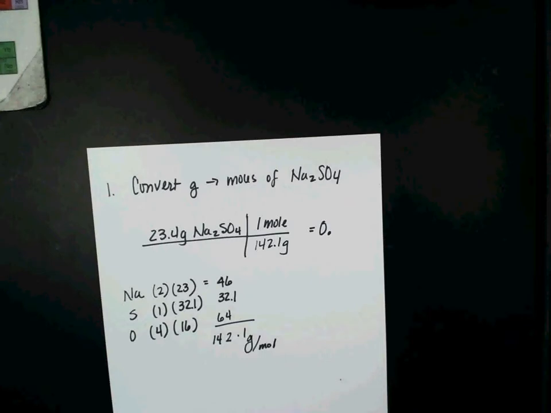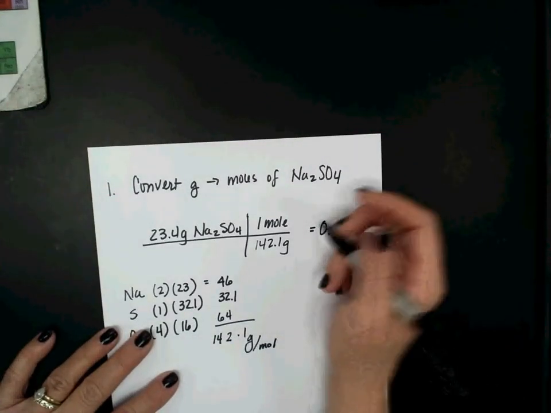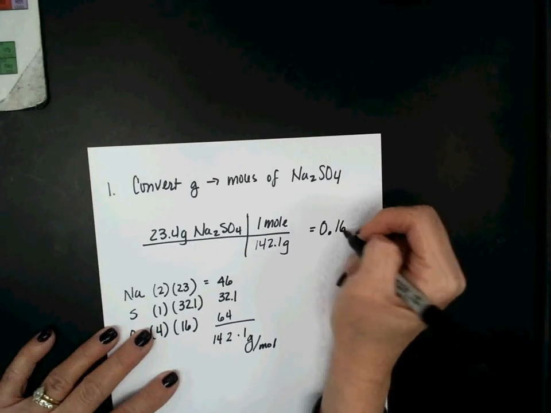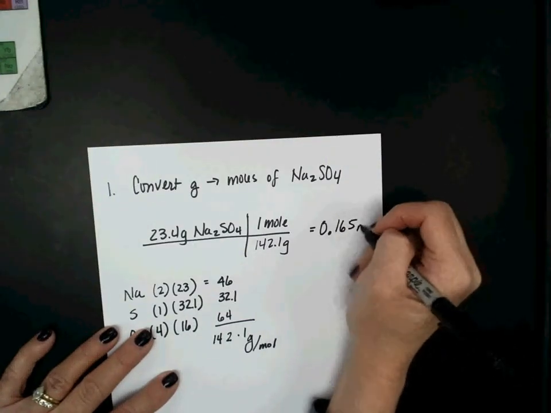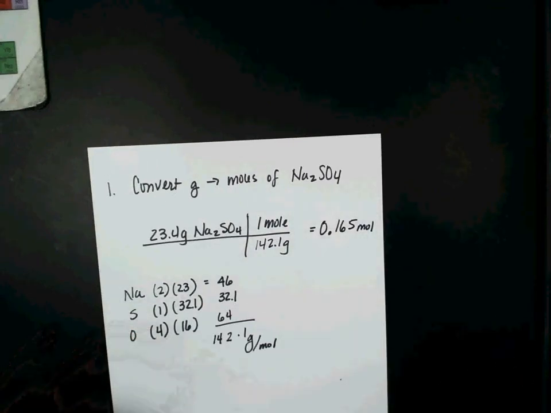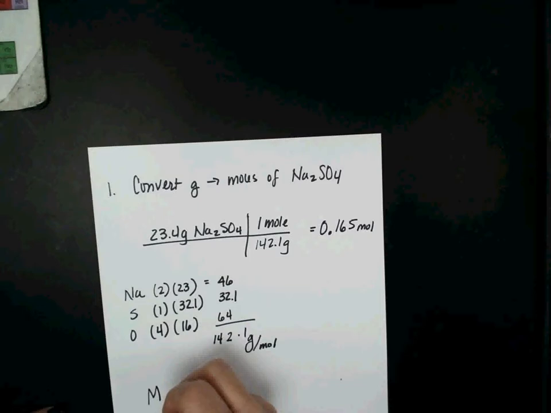Oh, that's not right. Lauren, what'd you get? 1.65? All right, so we'll make it 0.165 mole. So we've completed the first part of what we need to do. We know how many moles we have. And then we want to know, I think I said calculate the molarity.